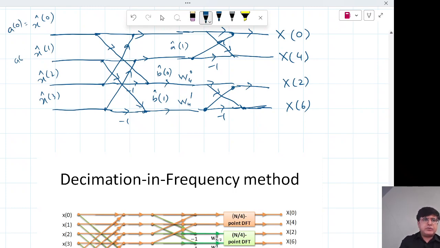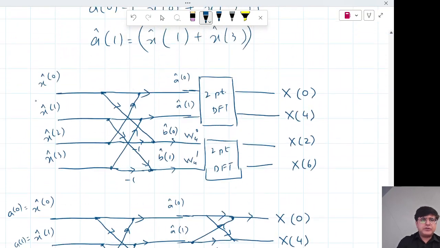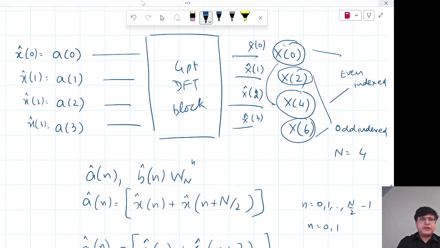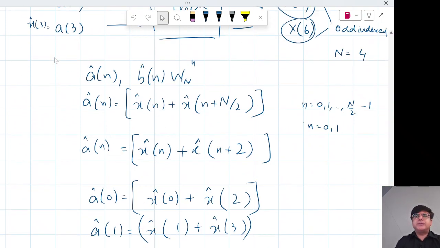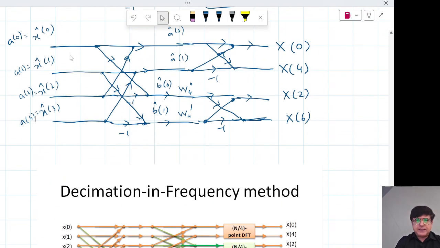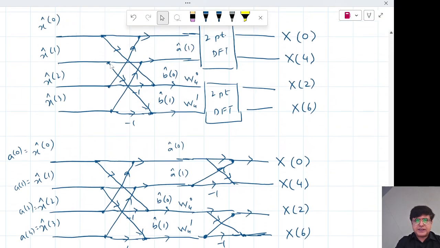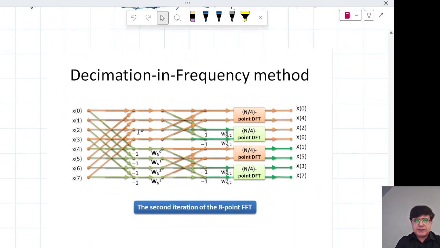This is a of 1, this is a of 2, and this is a of 3, because this is what we said over here, right? We said a of 0, I renamed it to be x hat of 0 because this was the new input, right? And this whole thing is the same as what you have over here.